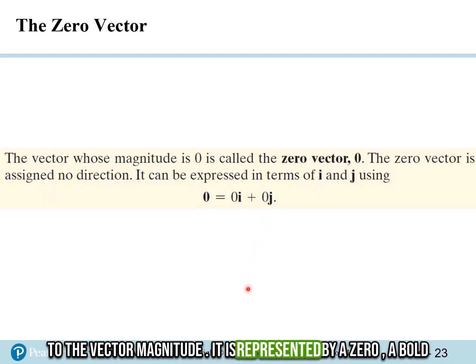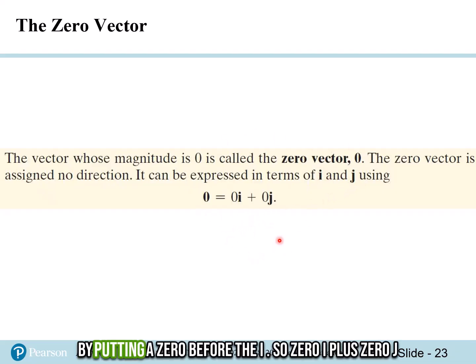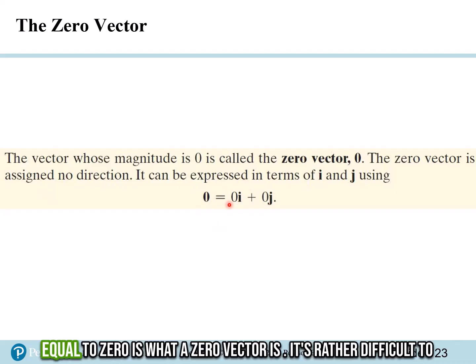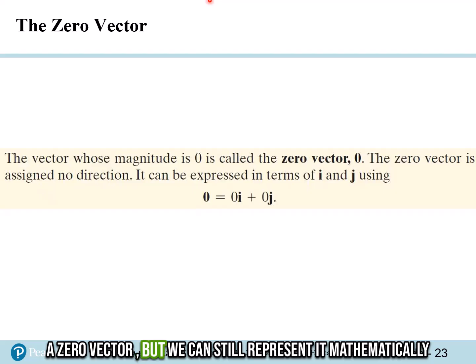It is represented by a bold zero, and it can be expressed in terms of i and j by putting a zero before the i. So 0i plus 0j equal to 0 is what a zero vector is. It's rather difficult to conceptualize a zero vector, but we can still represent it mathematically.